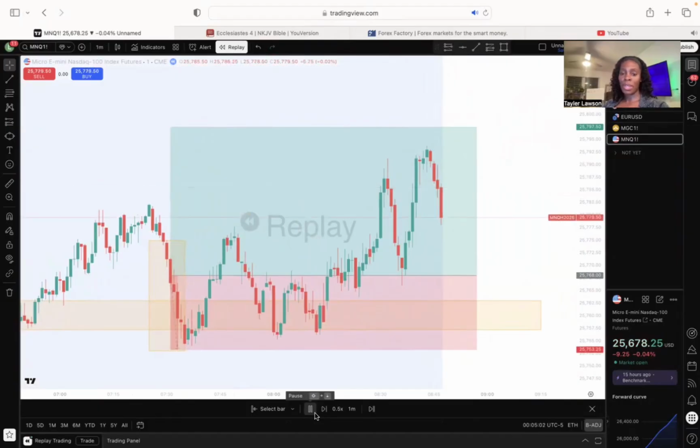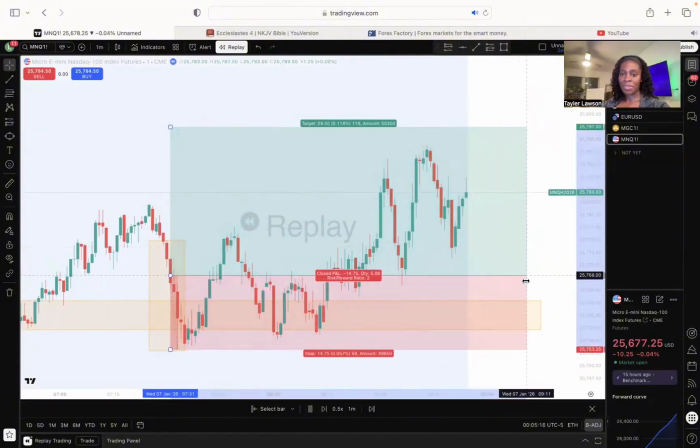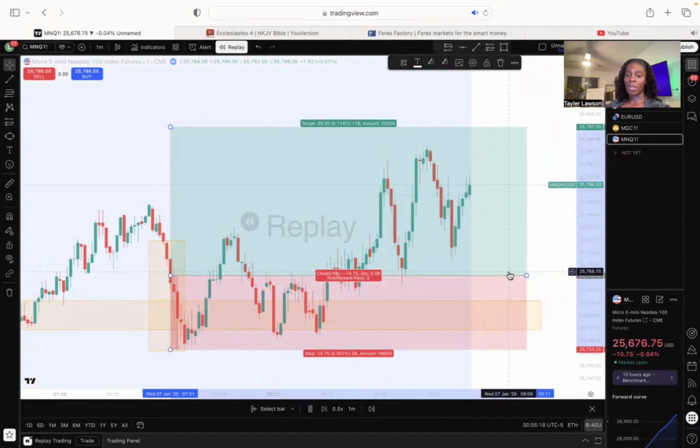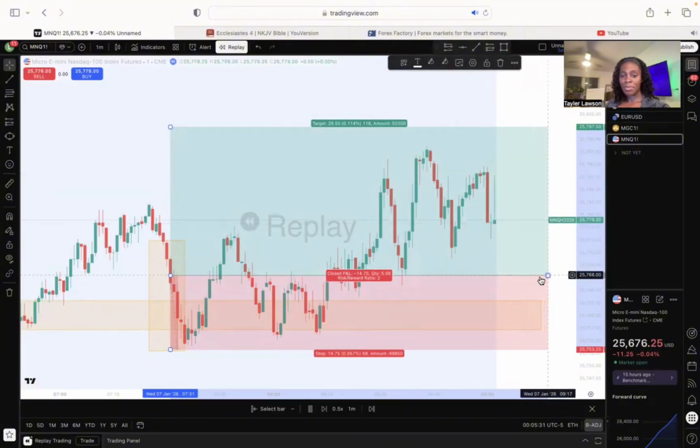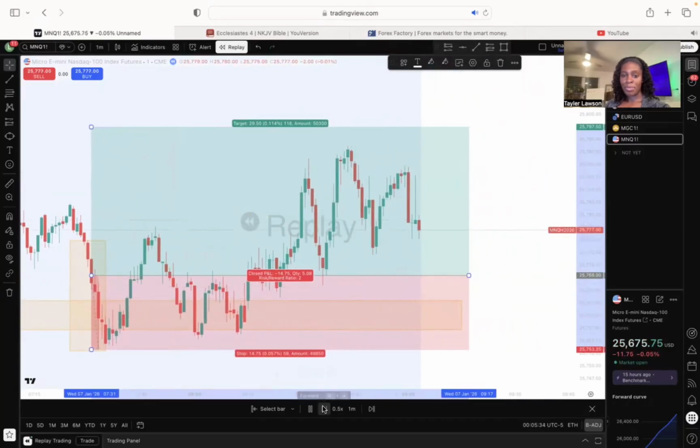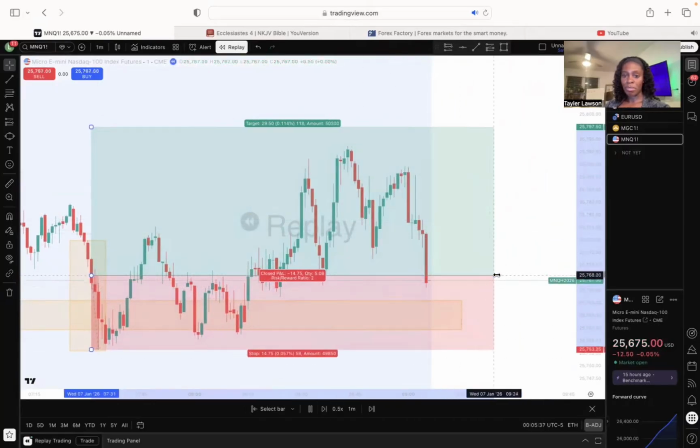I was determined to get my 1 to 2 today. As you can see, we sat in this trade for a long time. Let's see if we can speed this up.